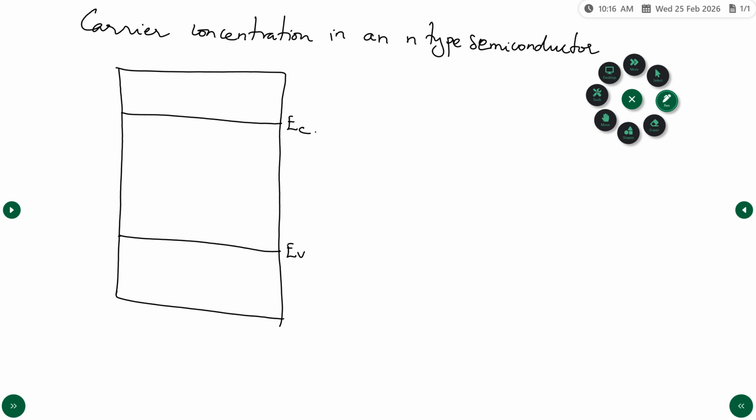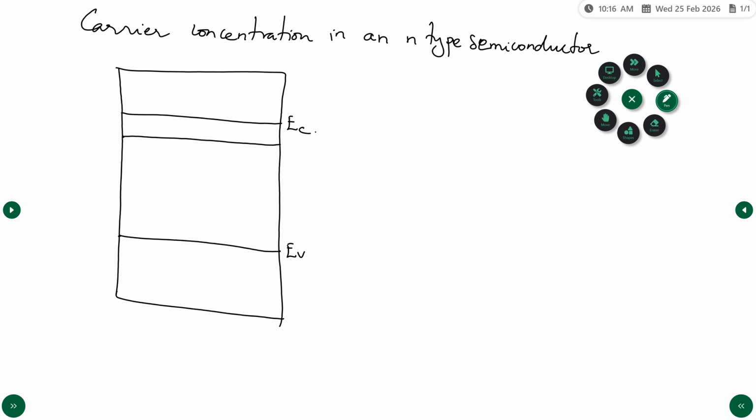Now by doping with pentavalent atoms, pentavalent impurity add பண்ணும்போது it provides more electrons. So the majority charge carrier in the N-type semiconductor is electrons.